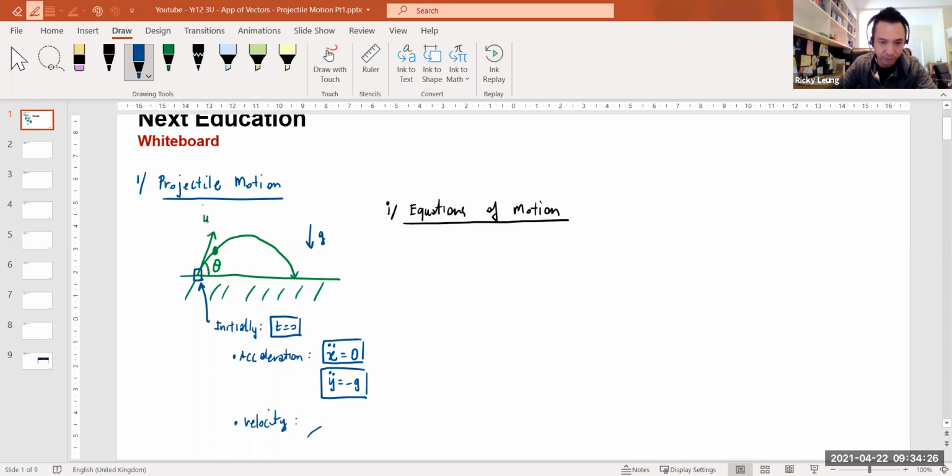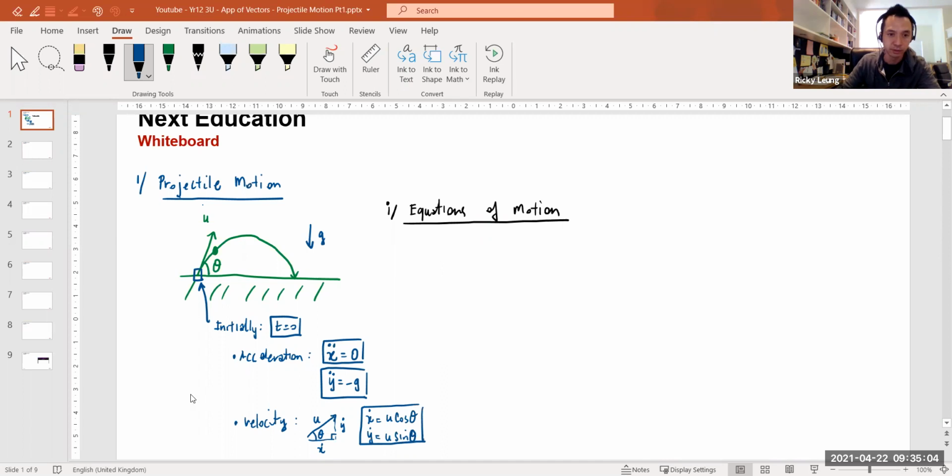So you can imagine that, using your vector notation, if this is u, and this is y dot and x dot, and this is theta, using your SOHCAHTOA, you've got x dot equal to u cos theta, and y dot equal to u sin theta. So we decompose the diagonal vector, or speed, or velocity of u into these two.